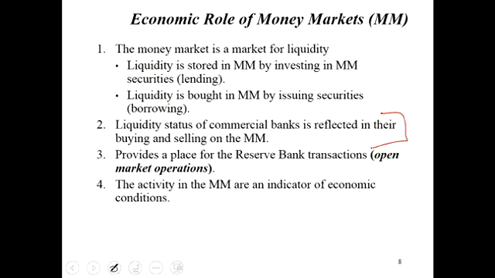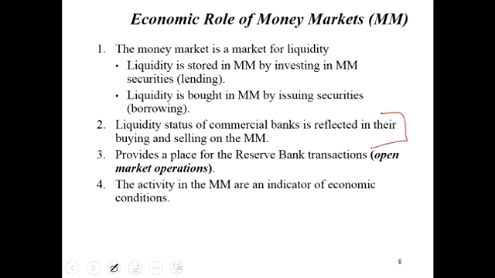So yeah, that would be how their transactions reflect their liquidity status. Yeah, okay, so that's what it's doing. So most of you probably didn't hear that, so I'll summarize. If a bank is short on liquidity, it needs more liquidity, it issues money market securities. If it has excess, of course, it's a net buyer rather than an issuer.